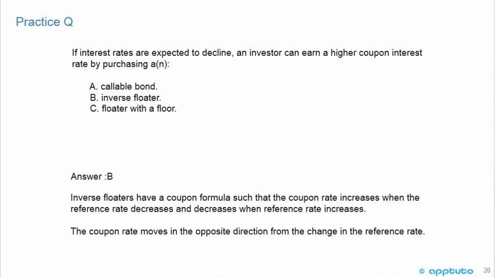The correct answer is B. If interest rates are expected to decline, an investor can earn a higher coupon interest rate by purchasing an inverse floater, okay? Inverse floaters have a coupon formula such that the coupon rate increases when the reference rate decreases and decreases when the reference rate increases, okay? So the coupon rate moves in the opposite direction from the change in the reference rate.